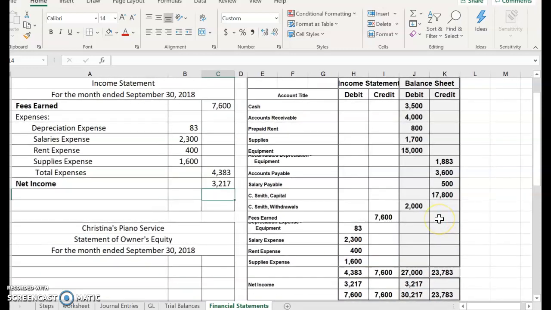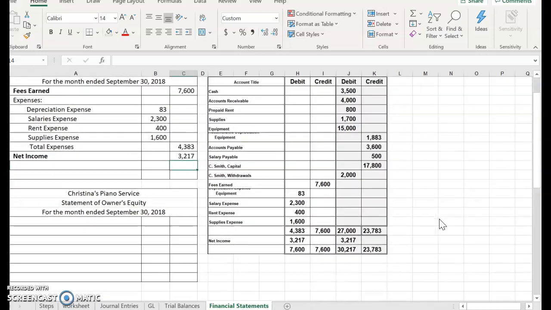Okay, next we'll prepare the statement of owner's equity, and first we do the title of the financial statement. It's your company name, the name of the statement, statement of owner's equity, and then this is for a period of time, for the month ended September 30th, 2018. Okay, the first thing that goes on your statement of owner's equity is beginning capital.